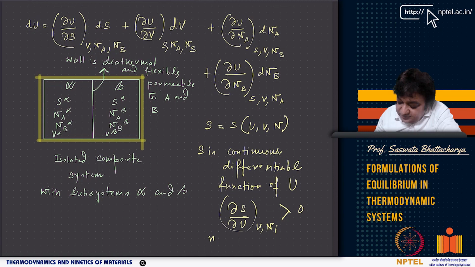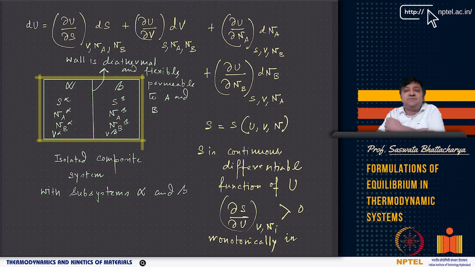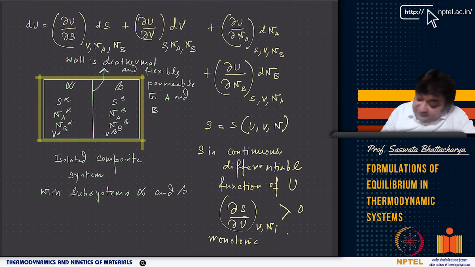That means it is monotonically varying. Check this, for constant V and n_i, del S by del U has to be greater than 0, right? So it's a continuous, differentiable and monotonically increasing function of U.